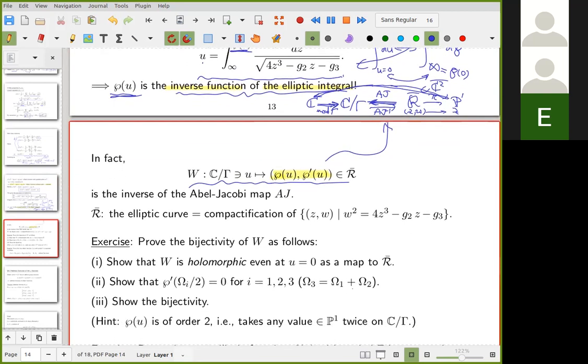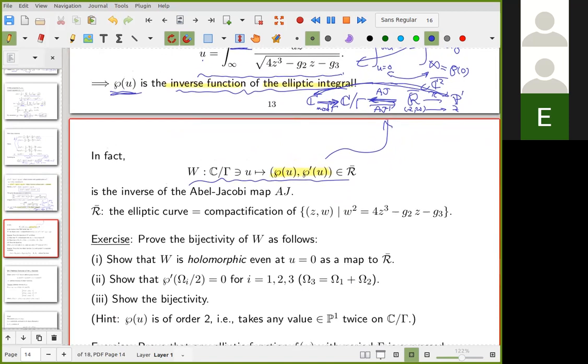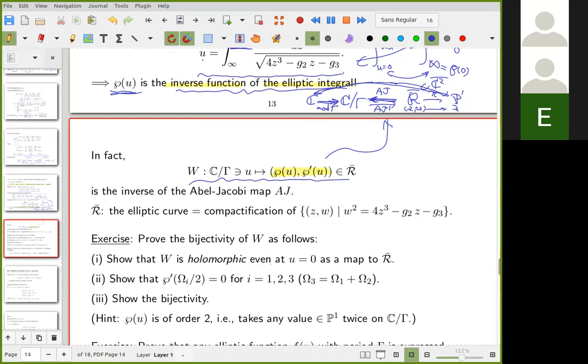Well, the bijectivity, or that this is an inverse function of this map, can be proved as follows, which is an exercise problem.